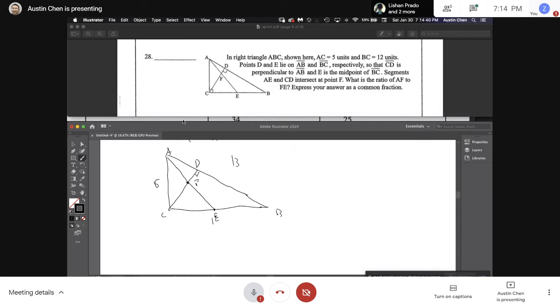But for this problem, I think the best way to do it would just be to coordinate bash. What you can do is find the coordinates of these points, then get the equations of the lines, and then find the intersection of the lines, and that will be the coordinate of the point.